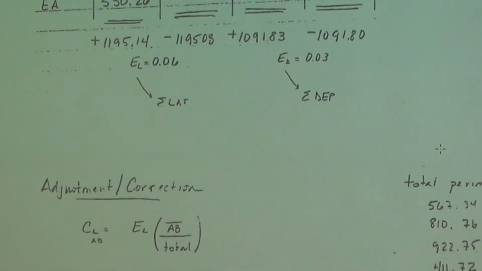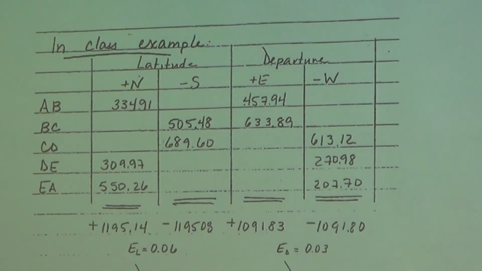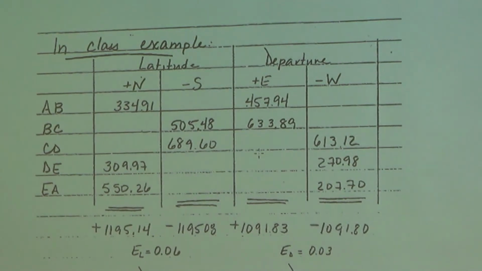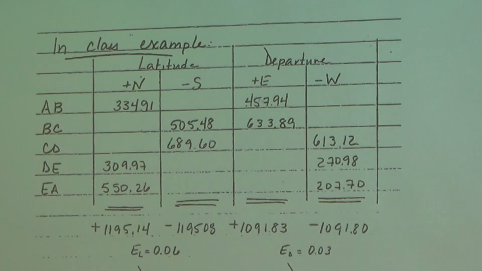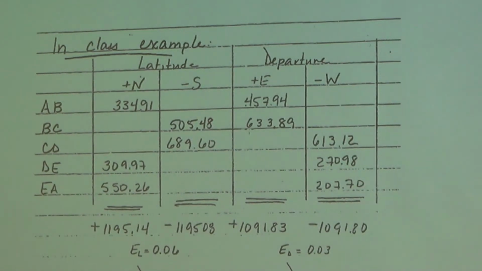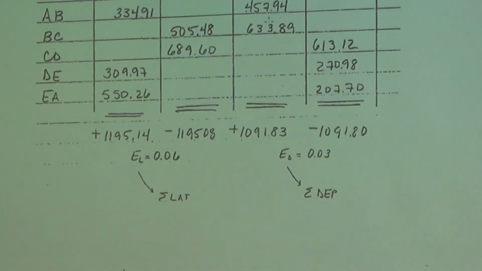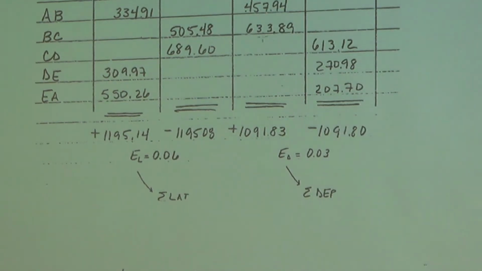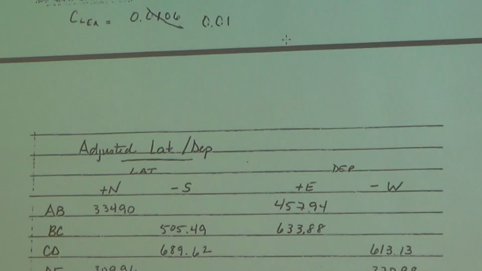So B, C, and CD are the ones. When we look at these numbers, is the number too big or too small? Too big. How about this one? Too small. So the 633.89, I found a correction of 0.01. So what do I do to this number? I subtract 0.01, and it comes out to be 633.88.